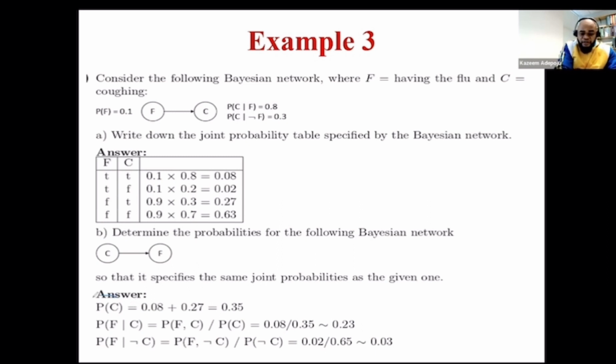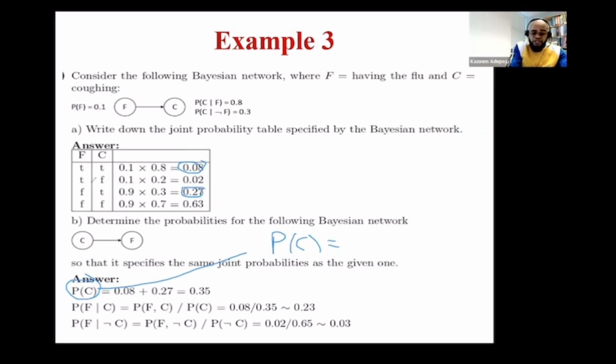Now you want to find the probability of C. The probability of C is going to be a total probability. If you want to go by what you have here, you're going to consider this situation and this situation on C, which means you want to consider when C is true.